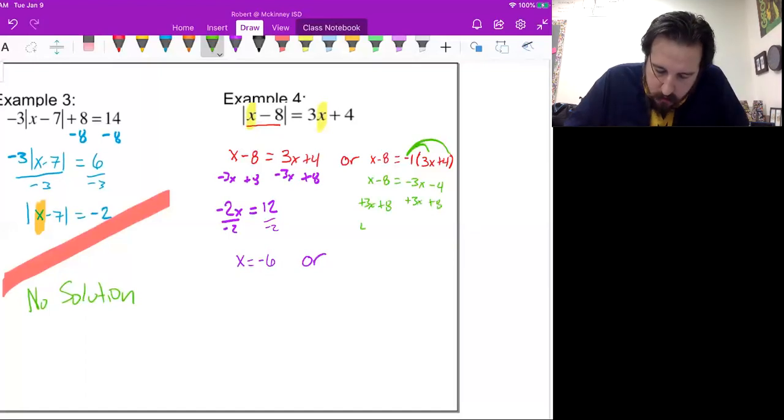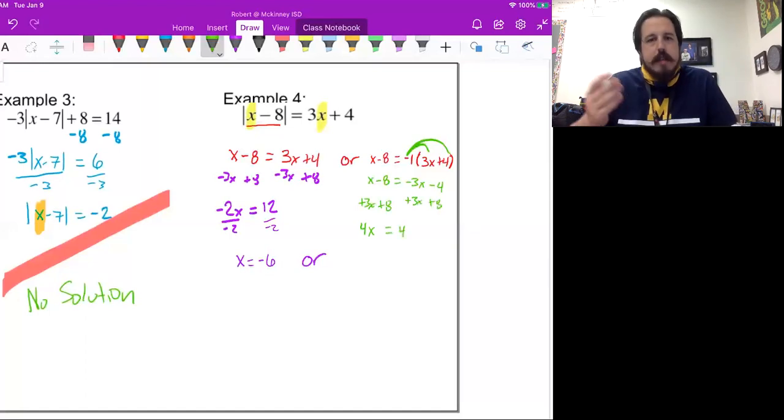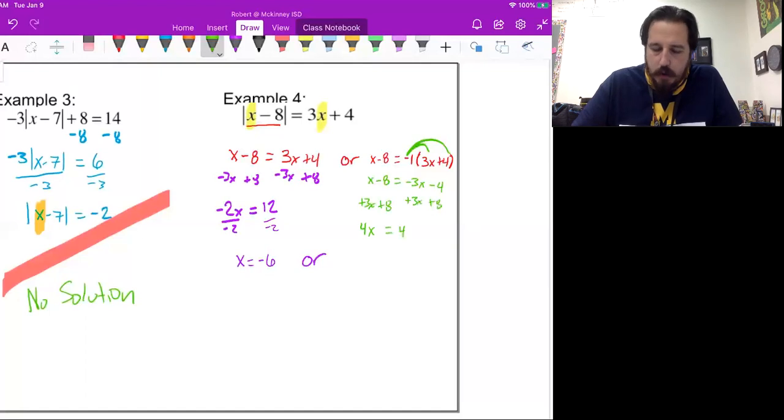And I've got 4x equals 4, because -4 plus 8 gives me 4. So I divide both of those by 4, and I end with x equals 1.